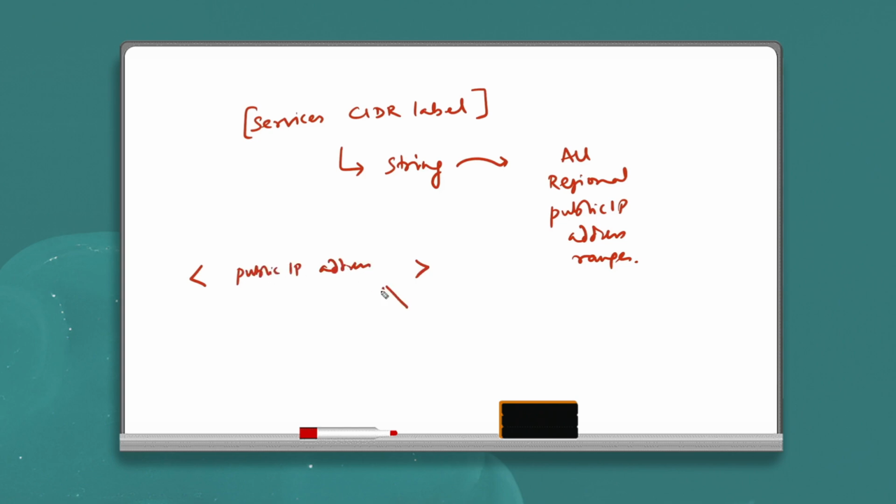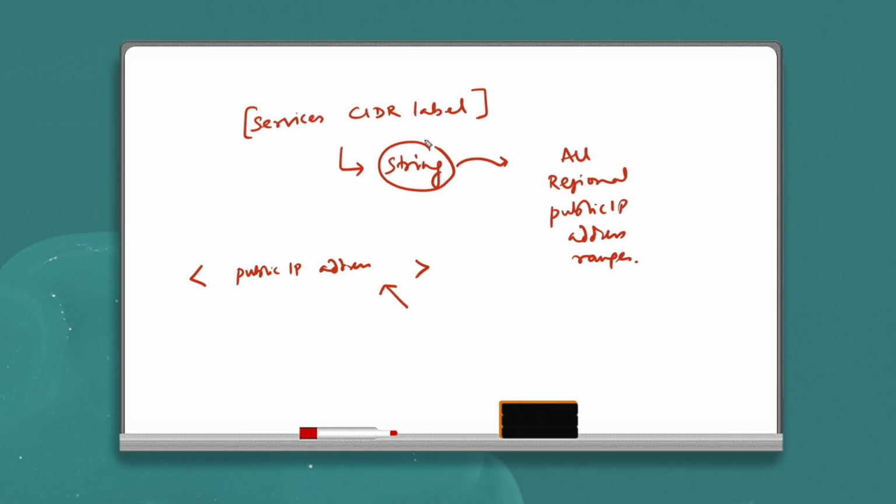Now, the problem with this approach is, if the service public IP address changes, you might have to adjust different things. For example, routing, it can be in security rules, it can be in route tables. So everywhere you have to manually adjust. But if you are using a string that corresponds to the public IP address ranges, then you don't have to make those adjustments.